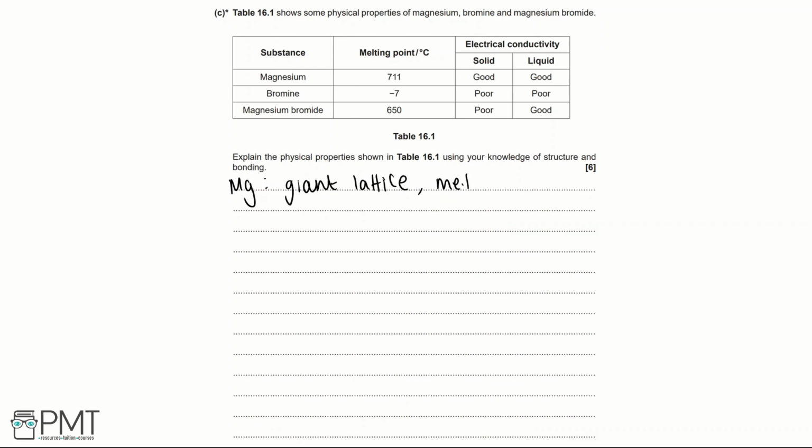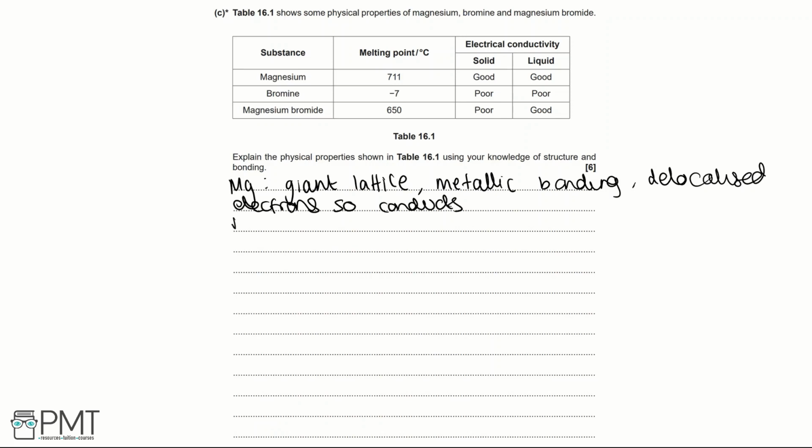In metallic bonding, you have delocalized electrons, which can carry a charge. And that's why if we look at table 16.1, we're told that magnesium is a good electrical conductor as a solid and a liquid.